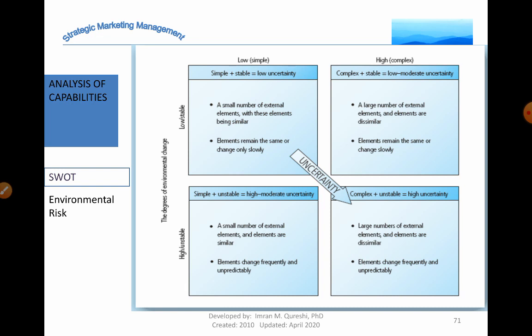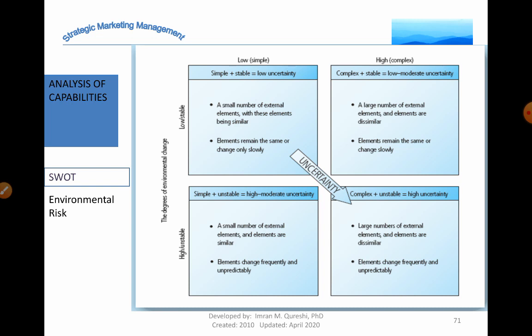So this is a very simple diagram which talks about the nature of the environment and what sort of variables are there in the environment, or the external elements in the PEST factors that we have identified, and how much they are changing.